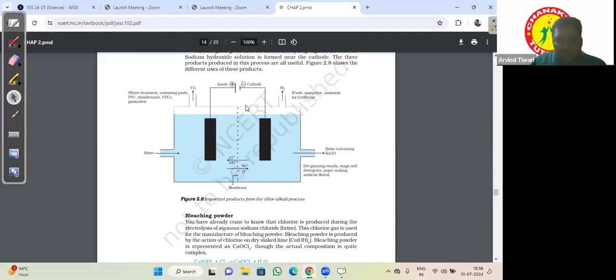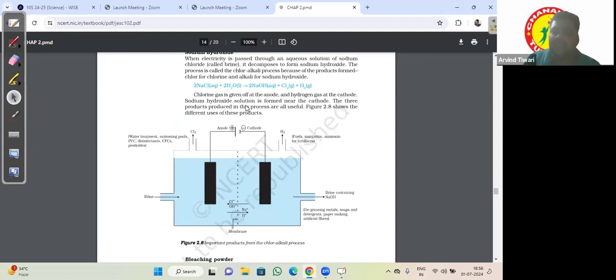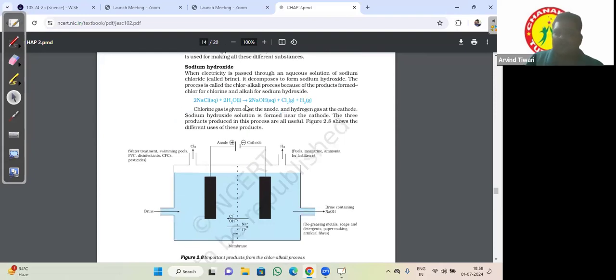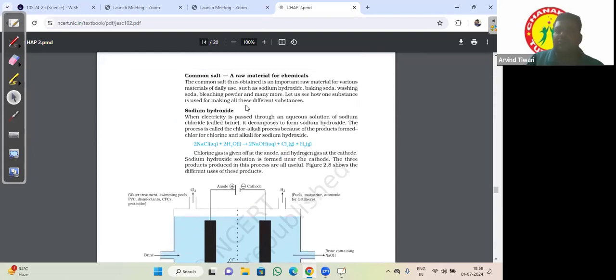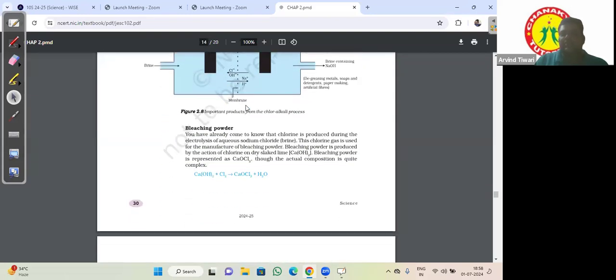Here in my book it's given. You can search your book to see if the diagram is given there or not. Common salt, a raw material for chemicals. Maybe in your book it's given in some other form. But it is there. Got it?